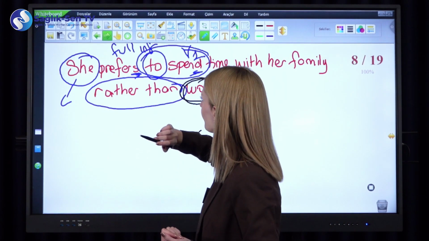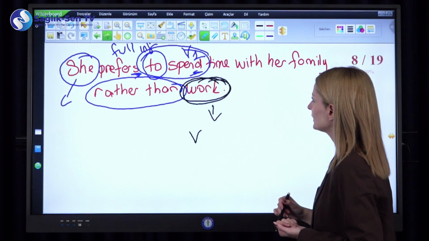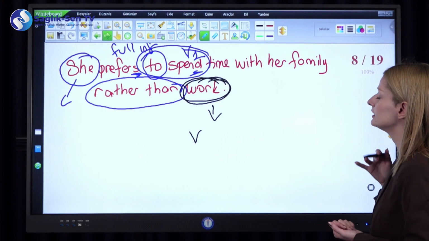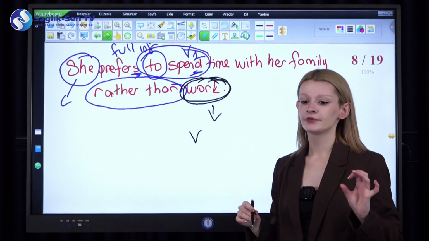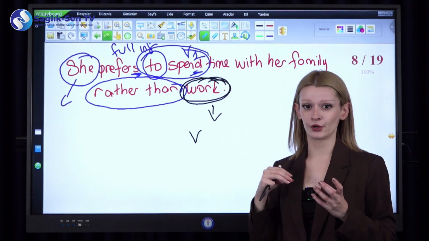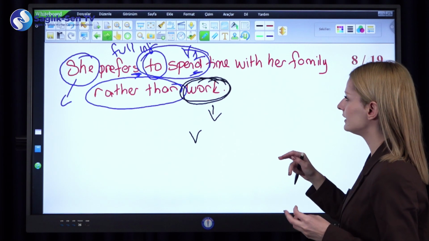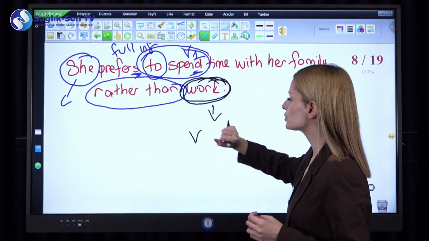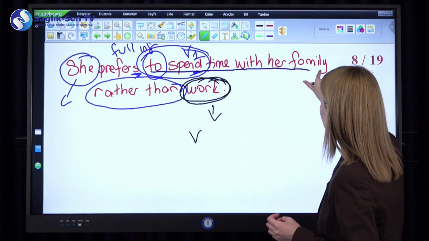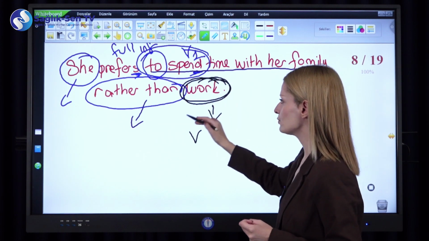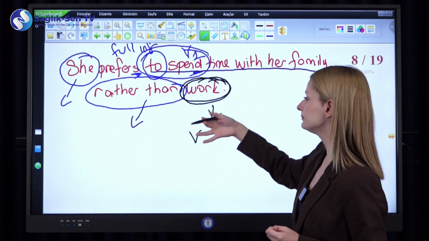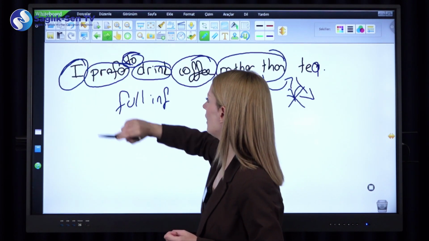And she prefers to spend time with her family rather than work. In this one, our actions are not the same. She is choosing an action from two choices. And the thing that she chose is the first one. And after the thing she chose, we use rather than and then the second option.